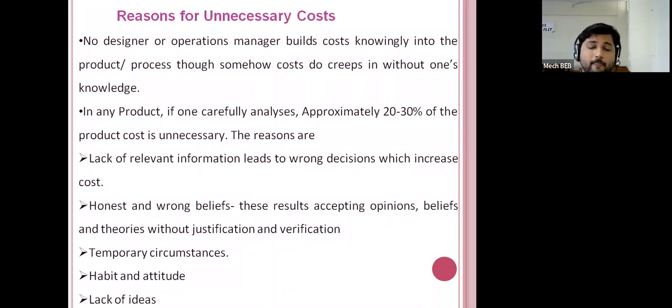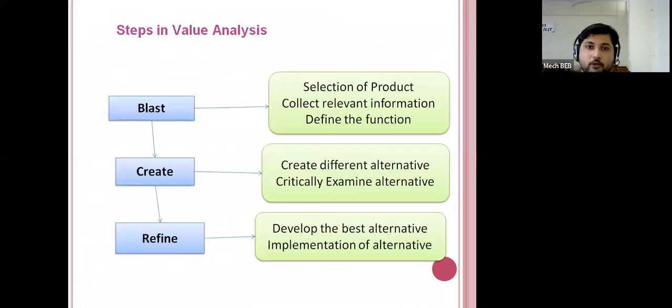Then personal attitude or habit also affects the product. Then not having ideas on how to reduce the cost and how to increase the functionality, because of less knowledge related to the functionality of a product, will also increase the unnecessary cost. So these are some of the reasons related to unnecessary cost.